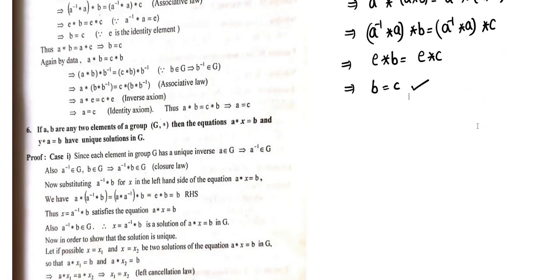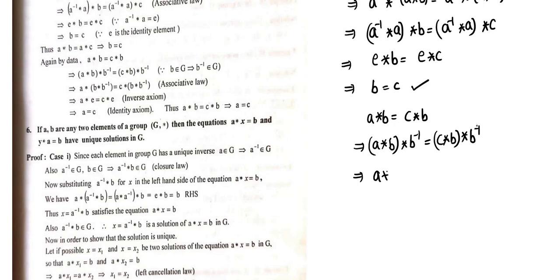In a similar manner, we are going to prove the right cancellation law. Consider a * b equal to c * b. Multiply both sides, on the right side, with b^-1: (a * b) * b^-1 equal to (c * b) * b^-1. Again use the associative law: a * (b * b^-1) equal to c * (b * b^-1).